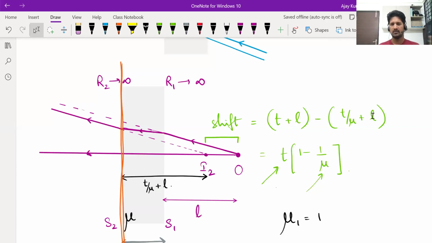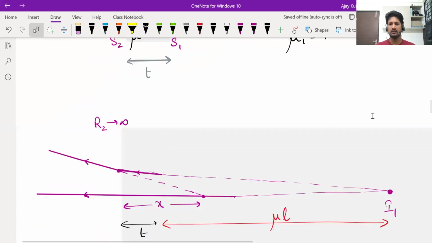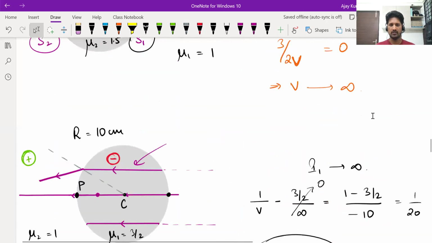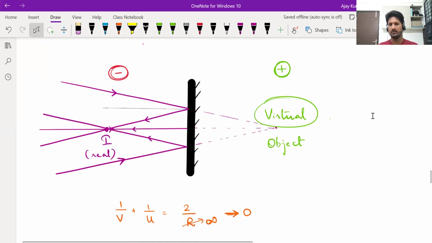You also learned what a virtual object is. If incident rays are converging, their point of convergence will be treated as the object position, and reflection and refraction will happen accordingly. Such cases in refraction we will come across when we discuss lenses, where virtual object cases are very common.